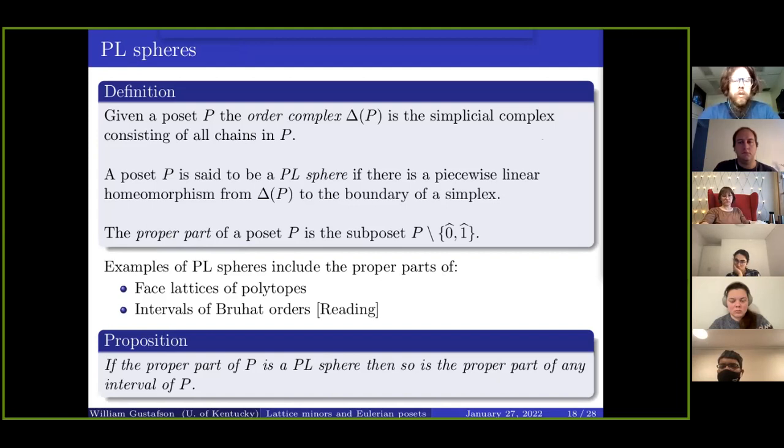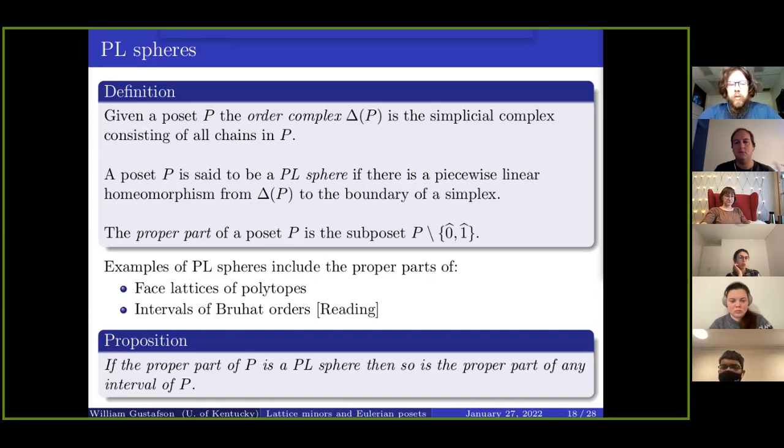If you like, this is equivalent to saying there are combinatorially isomorphic simplicial subdivisions of the order complex and the boundary of the simplex. We're really going to be interested in not looking at the order complex of the poset itself, but this proper part, which has the minimum and the maximum removed, because in the order complex, the minimum and maximum pyramid over the rest of the complex, and so that makes things a little uninteresting.